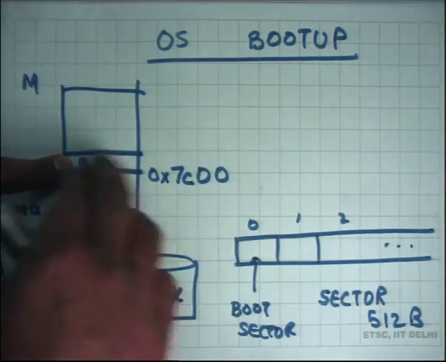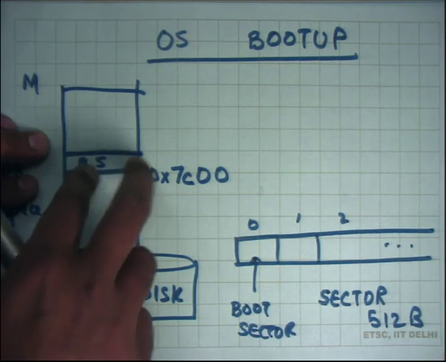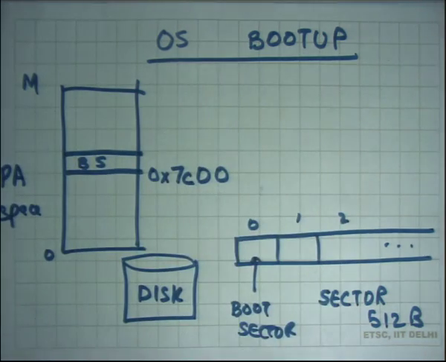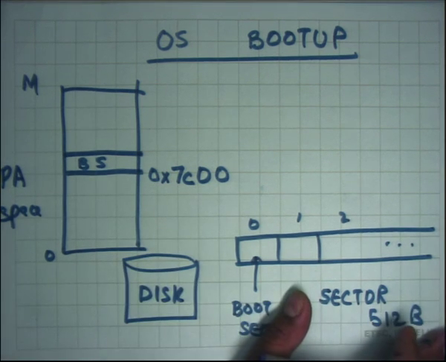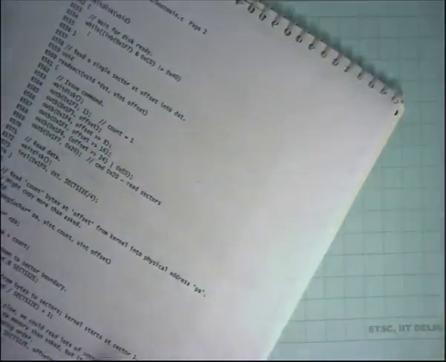All that operation needs to be coded up in the boot sector, and the code to do all this should fit inside 512 bytes. That's a constraint, and that's relatively easy to meet. It's not a big deal, and we are going to look at the boot sector code of XV6. So please take out your code listings.